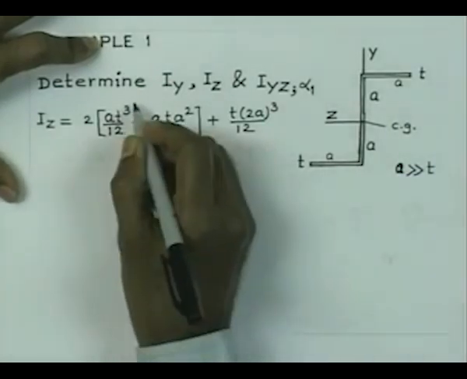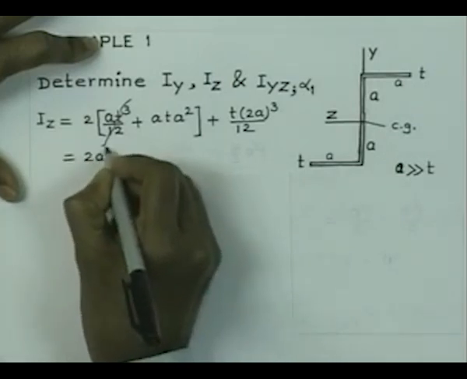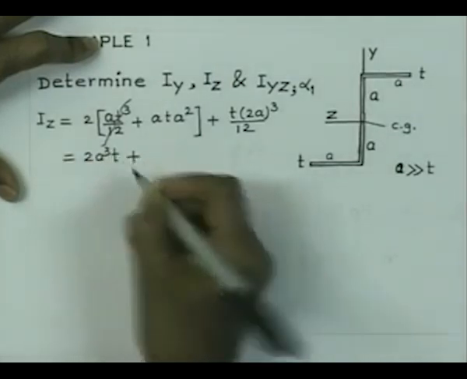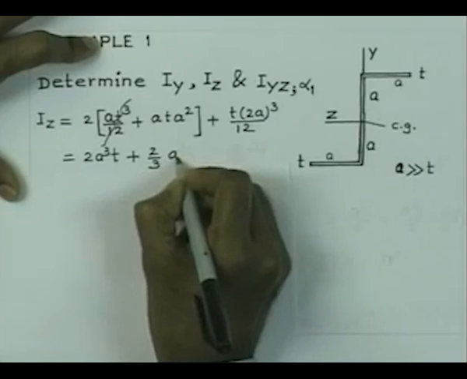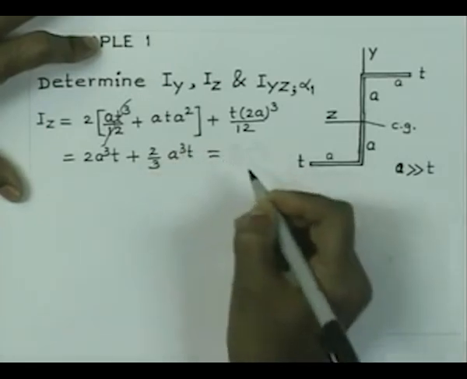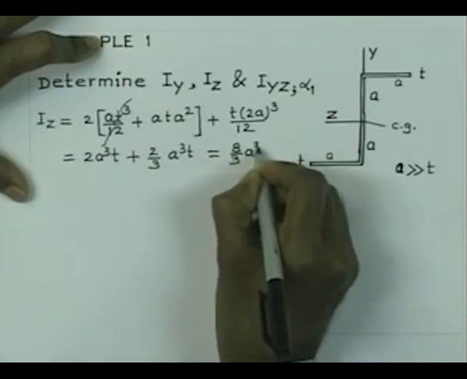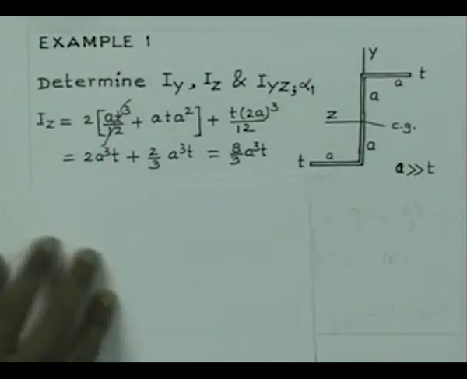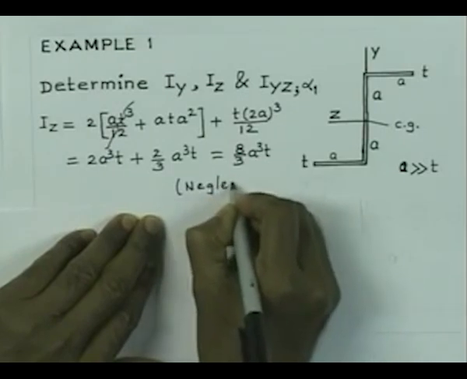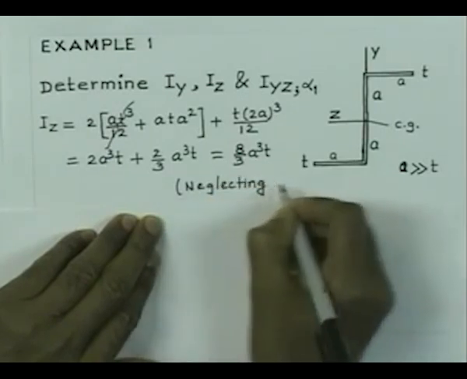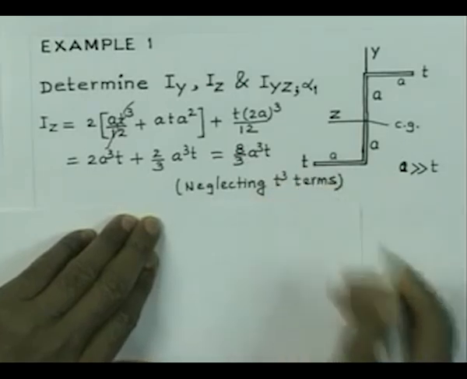So, I can now write that this portion can be neglected, and therefore, I will have 2 A cube T for this part, and this is going to give us 2 by 3 A cube T, and these added up together give us 8 by 3 A cube T. So, that is neglecting T cube terms.